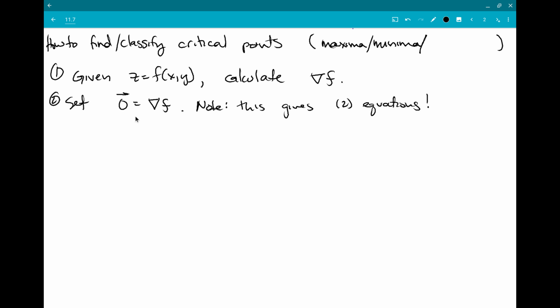But remember, the gradient is going to be a vector. You can't combine components of a vector from unlike components. So you're going to end up with two equations, the one connected to i hat and the one connected to j hat, equal to 0.